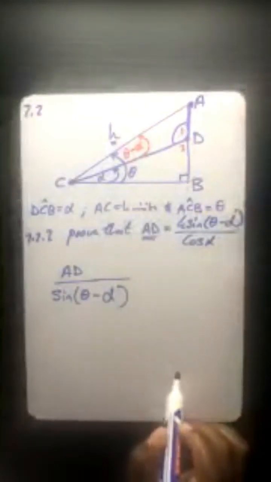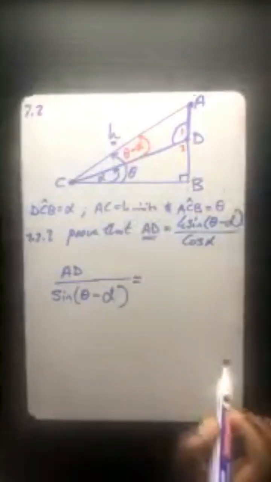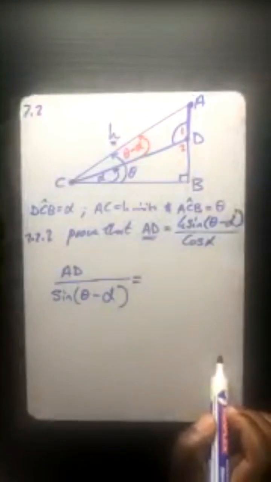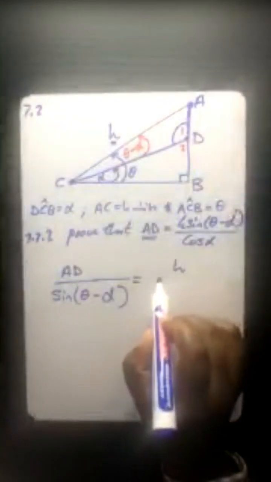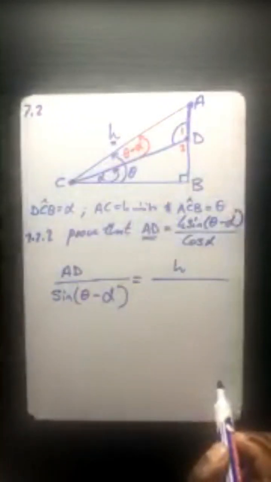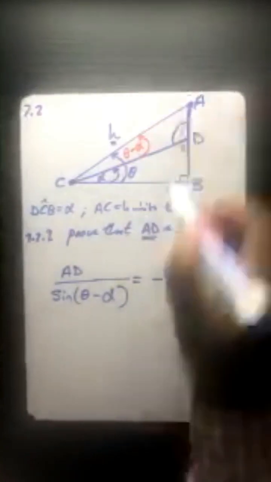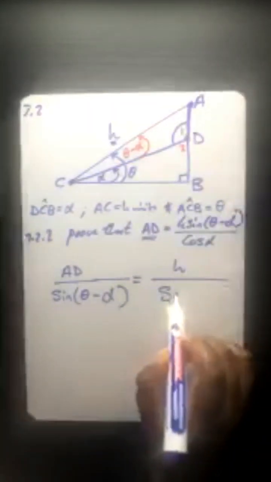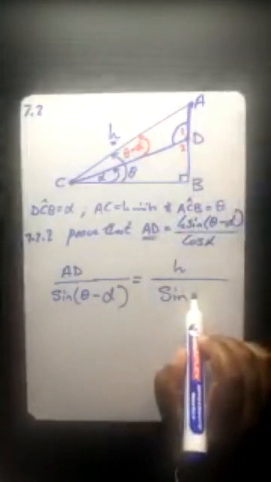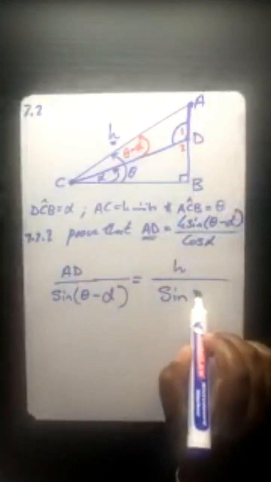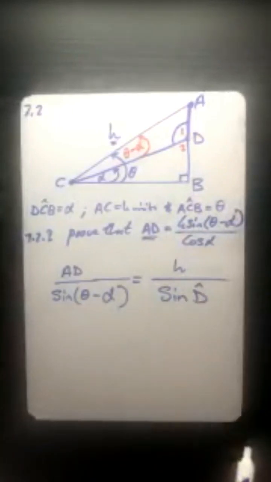We calculated that. So this is going to be equal to the side, side H, which has to be opposite to that angle D there. So it's more like you now have sine of that angle D. I'm not sure whether to say 1 or angle D, but let me say angle D.